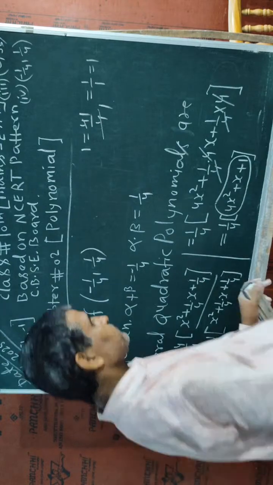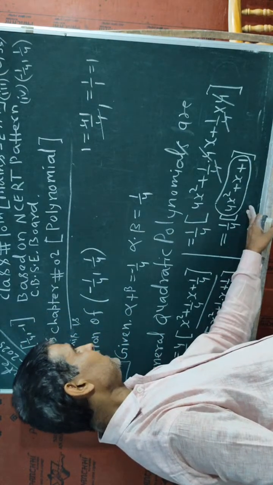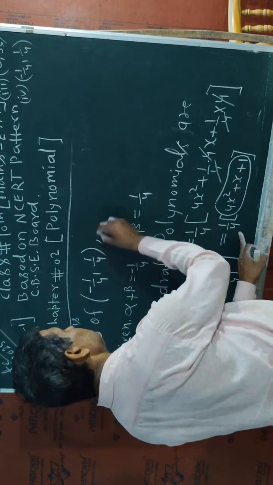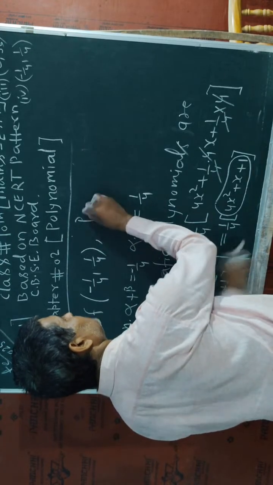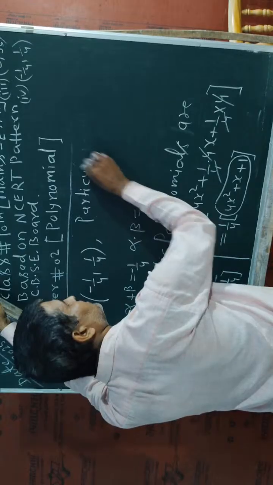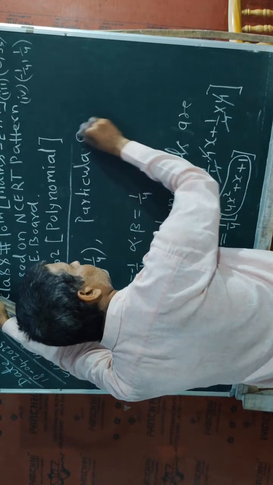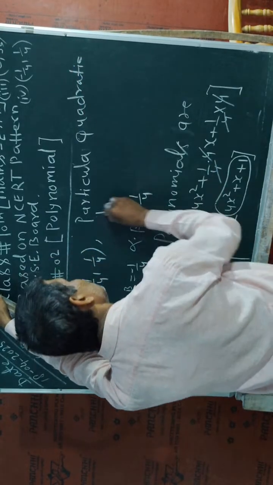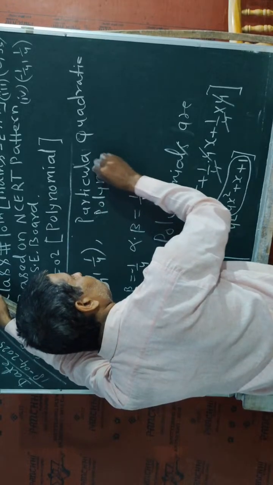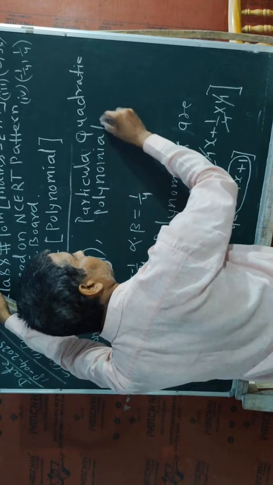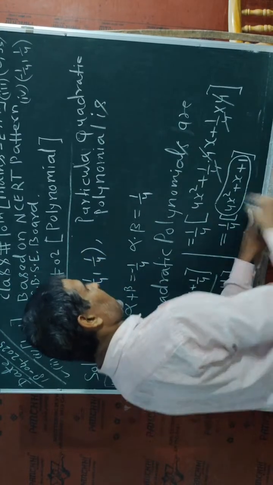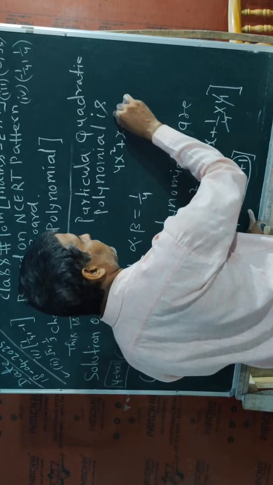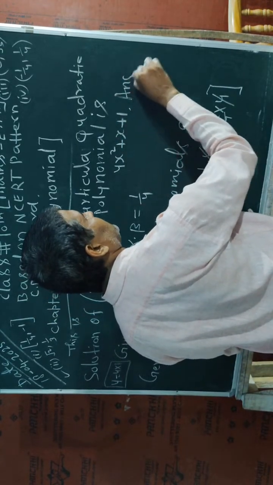So I will say my particular quadratic polynomial is 4x square plus x plus 1. This is the final answer of my question.